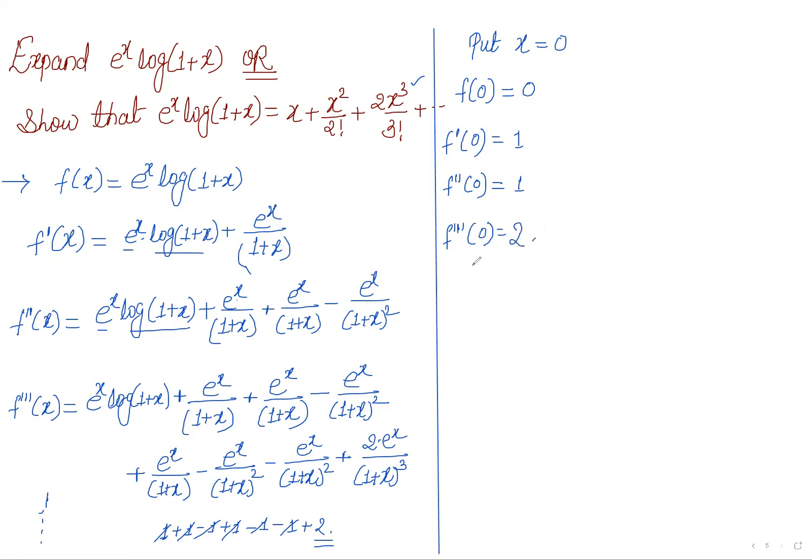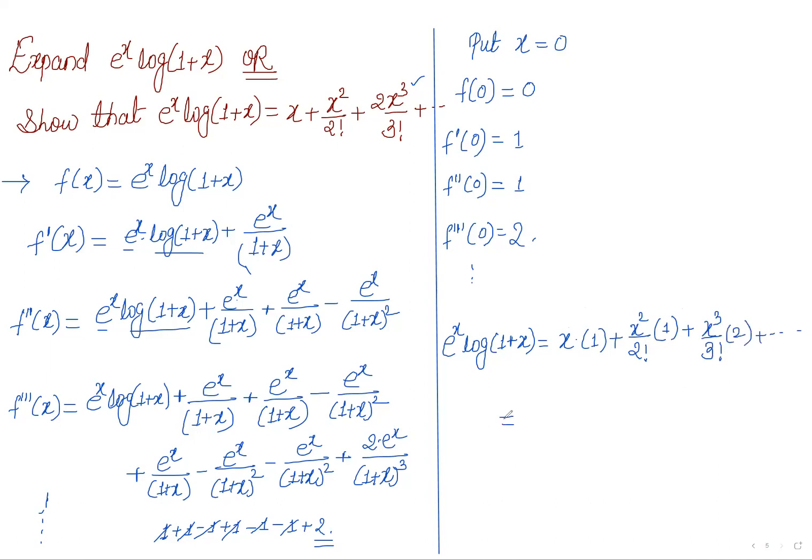Okay. Then by the Maclaurin series, what will the expansion of e raised to x into log of 1 plus x be? It is f of 0, that is 0, plus x into f dash at 0, that is 1, plus x square by 2 factorial into 1, plus x cube by 3 factorial into 2, and so on.